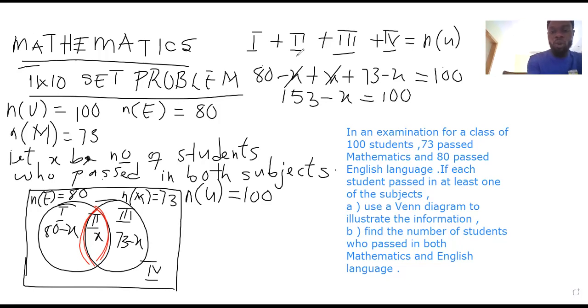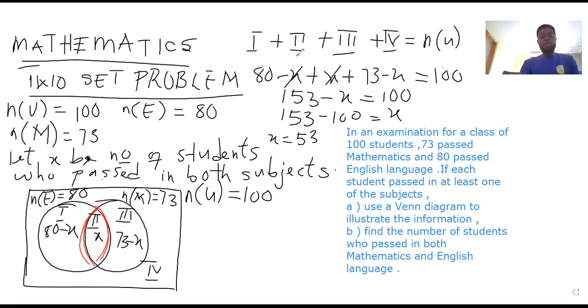So, grouping like terms, 153 minus 100 should be equal to X. 153 minus 100 gives us 53. So X is equal to 53.